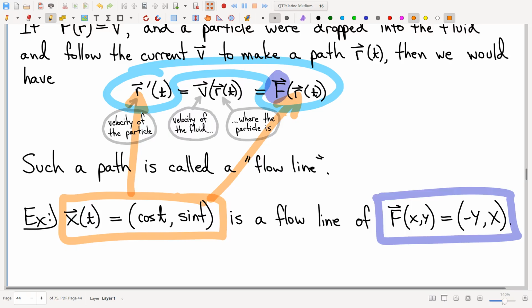I think I mentioned before, I used to write x comma y as x of t, and now I'm switching to the more standard convention of calling it r of t, and I just forgot to change this one. Think of this as r of t. We plug this parameterization into this system of differential equations where F is this vector field, and you can just confirm the equation works.